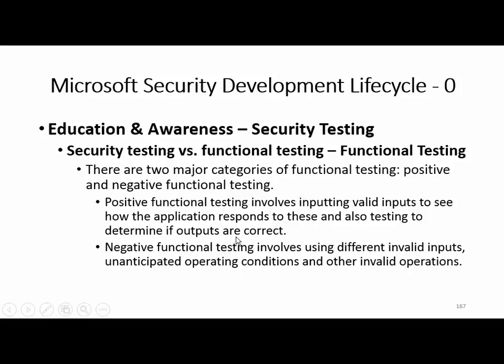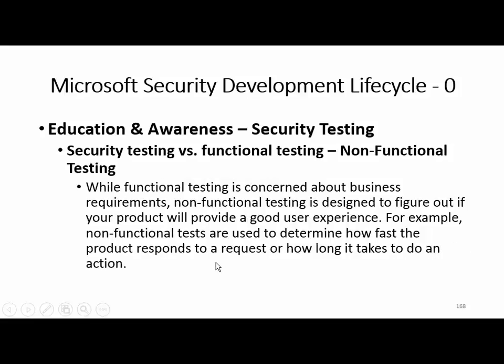There's positive functional testing and negative functional testing. With positive functional testing, you put in valid inputs, or what you expect to be valid inputs, to see if the system responds accordingly. With negative functional testing, you put in invalid types of inputs, and again, see that the system will at least handle it.